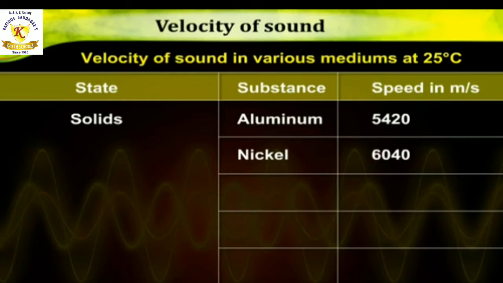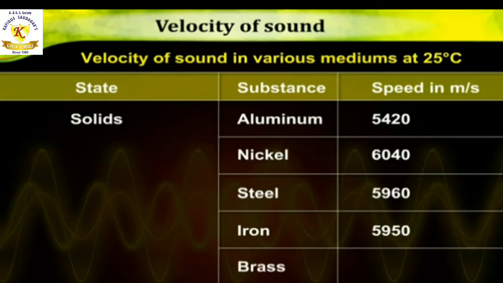Nickel, 6040 meter per second. Steel we have 5960 meter per second. Iron, 5950 meter per second. Brass, the speed is 4700 meter per second. And glass, 3980 meter per second.